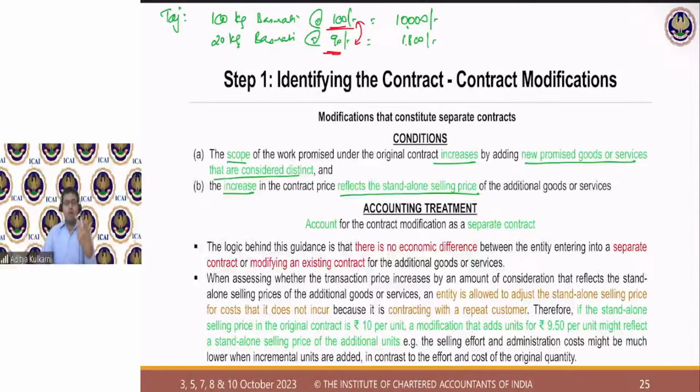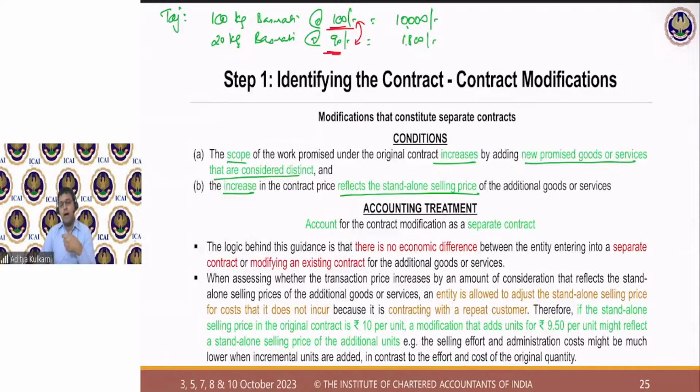I save on advertising and distribution costs. I save on marketing and promotional activities. So those savings are able to translate into a reduced selling price for the customer. I am essentially passing on those benefits to the customer.